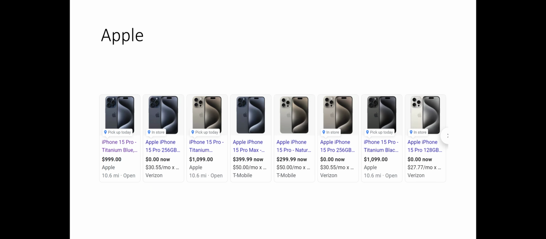We see that the price of this iPhone is $999. Of course, taxes are not included. This is the price offered to the customers. And the question is how much does it cost for Apple to offer it at $999?